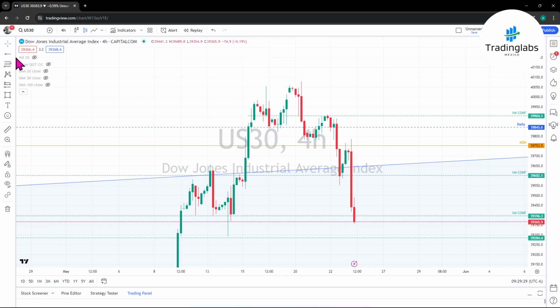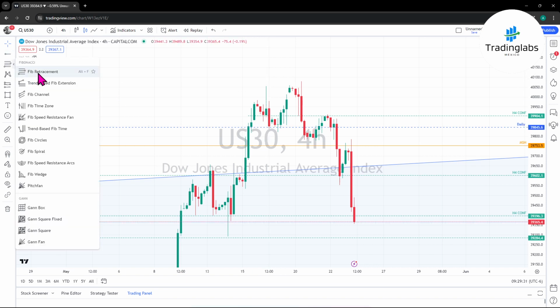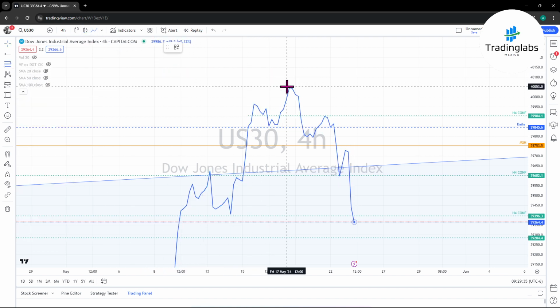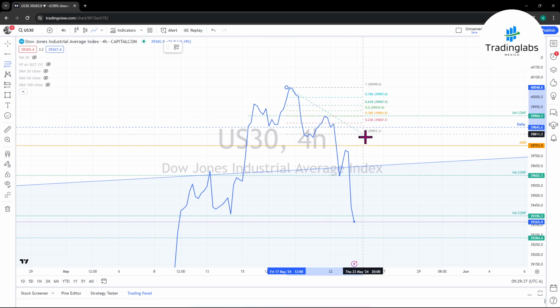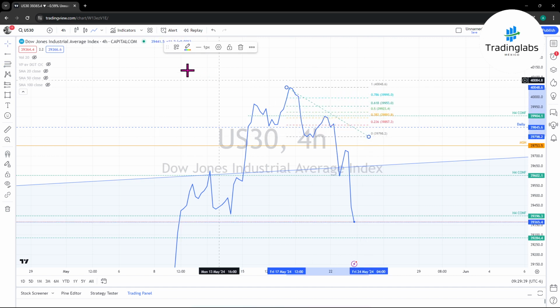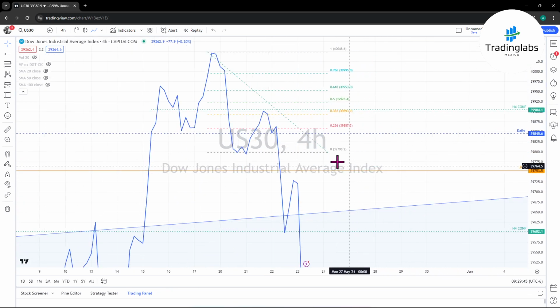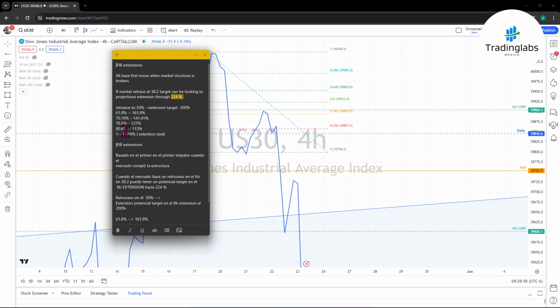Yes. So we have to draw the Fibonacci retracement to see where it made its retracement. We can see very clearly that it retraced at 0.382.